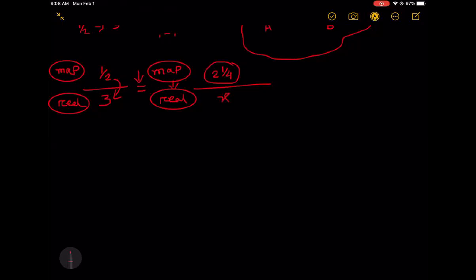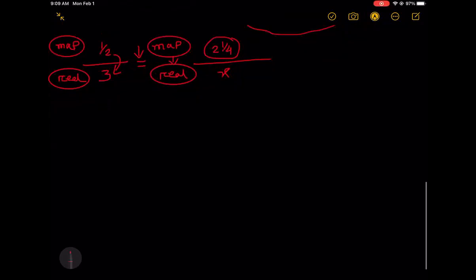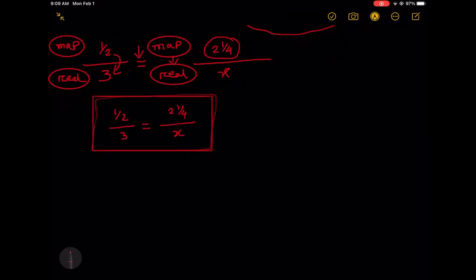As I'm taking the proportion of the lengths for map and the real one, for 2 1/4 inches, the real length is unknown. So let's say that's X. So if I write that clearly, this is the equation.